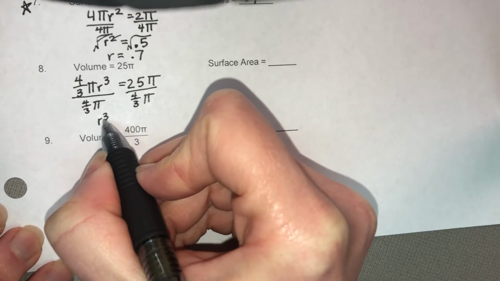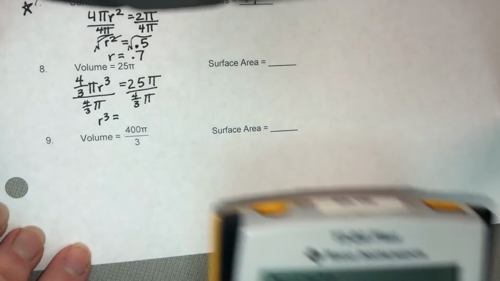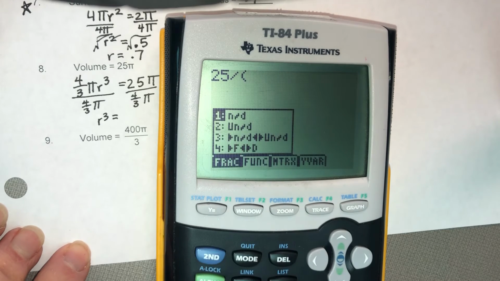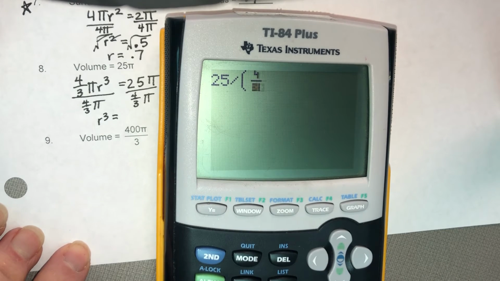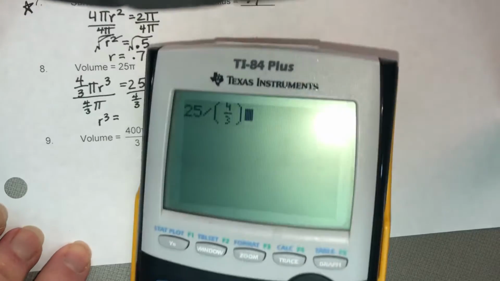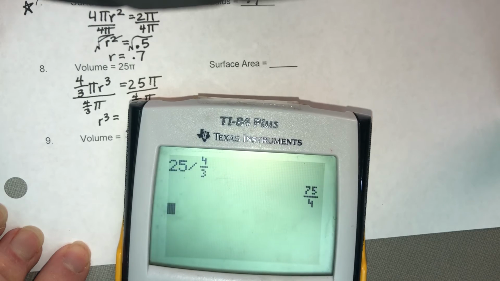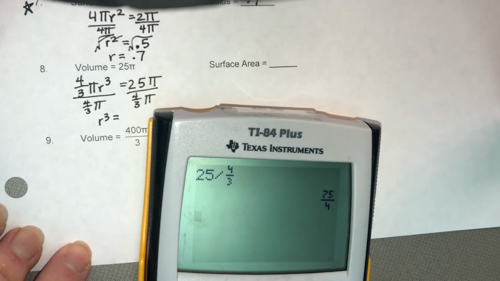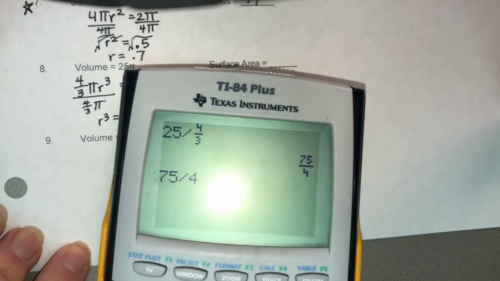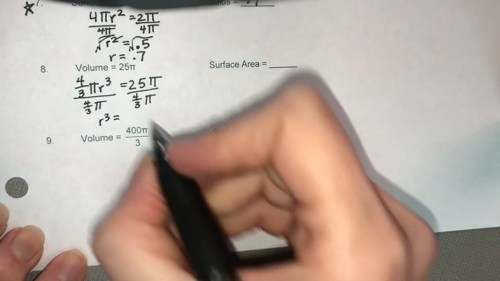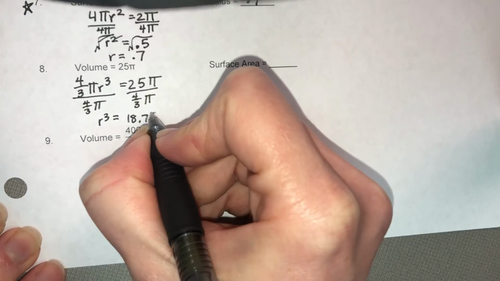So r cubed equals, the pi's cancel out, so then I just go 25 divided by 4/3. I put it in parentheses so you can see it a little bit more clearly. 25 divided by 4/3 is 75/4. Or if you want that as a decimal, you can just take 75 and divide by 4. So that's 18.75.